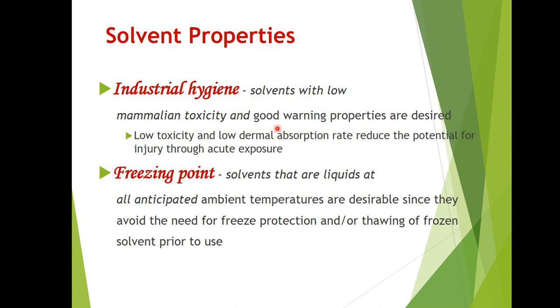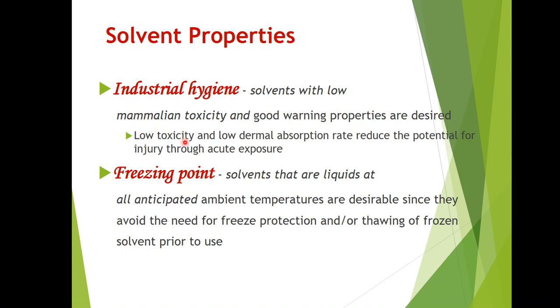So it should have good warning properties to tell you that there's something wrong with it. So nonetheless, when solvents are bought for use in extraction, its properties are carefully studied.